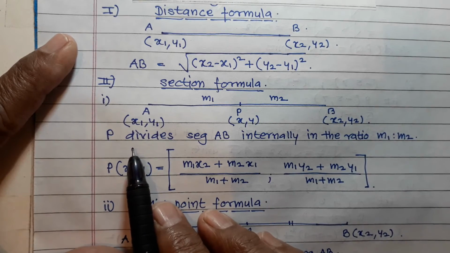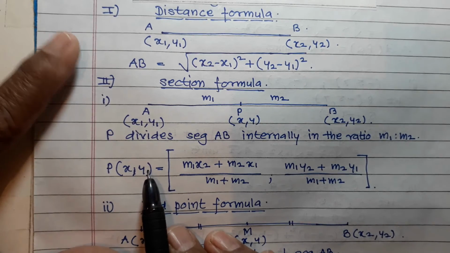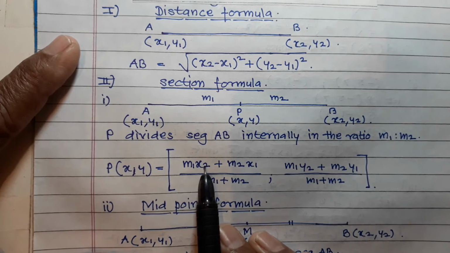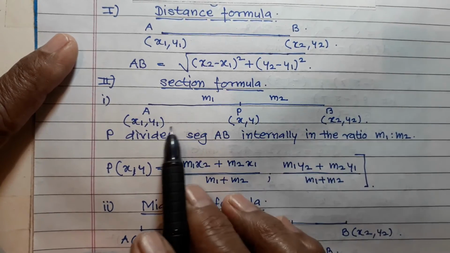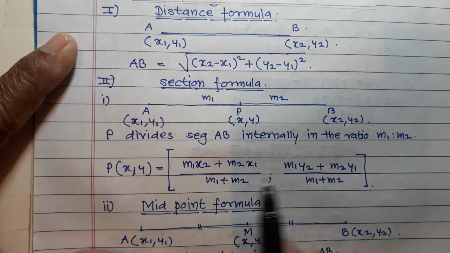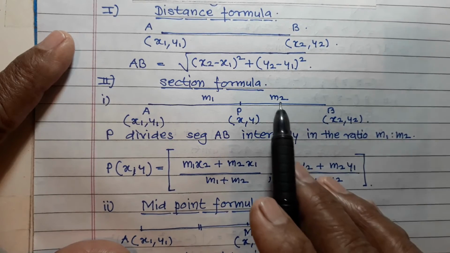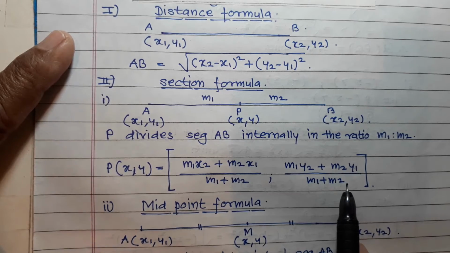Then the coordinates of P are (m1 x2 plus m2 x1) upon (m1 plus m2), and for the y coordinate, (m1 y2 plus m2 y1) upon (m1 plus m2).